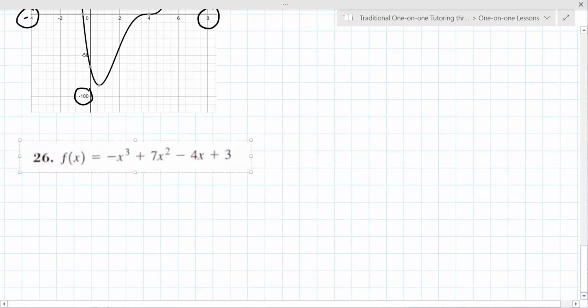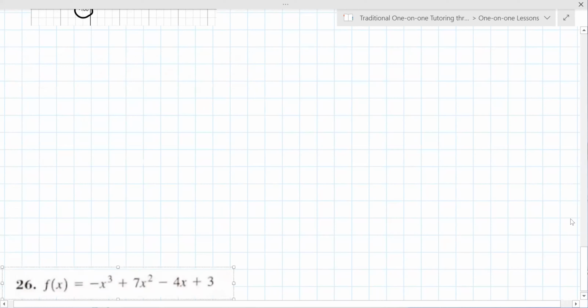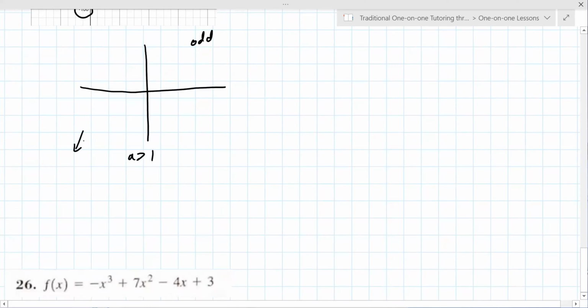I will remind you, actually, let me put this down here. There's 4 graphs you need to know. Maybe you already know them. But if it's odd and A is positive, it looks like this. And if it's odd and A is negative, it looks like this.